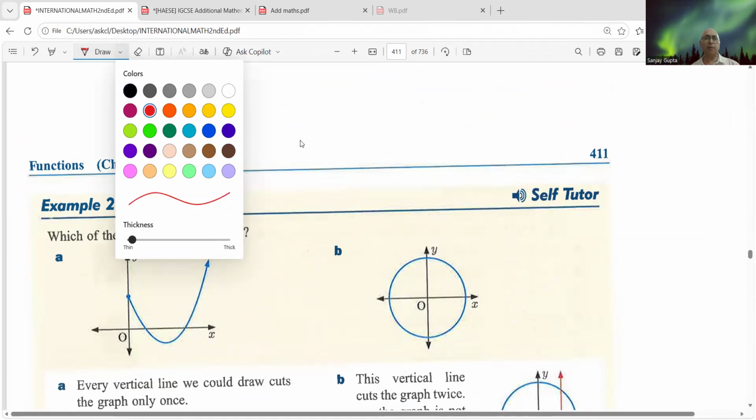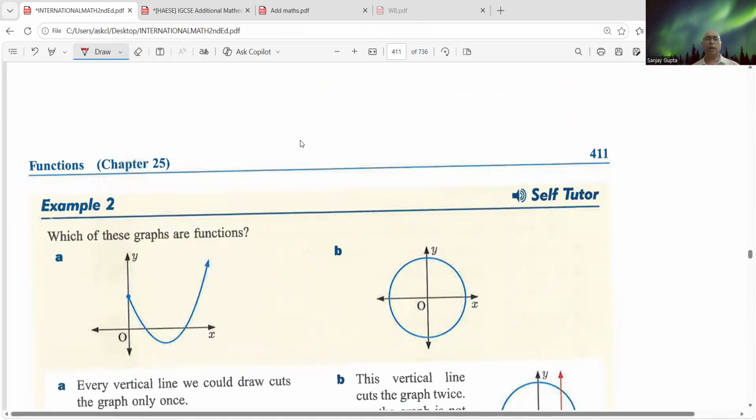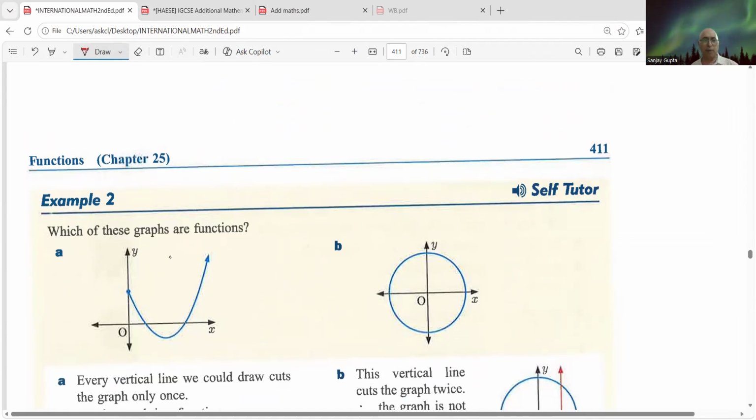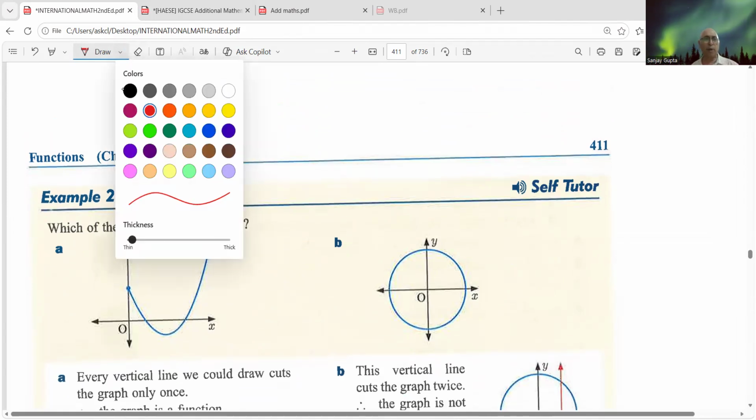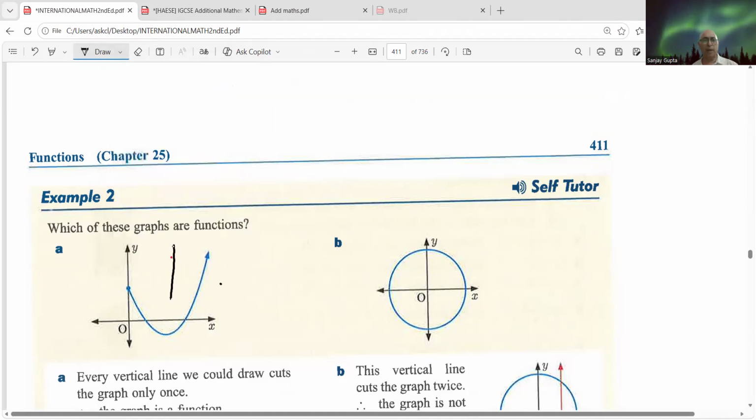The definition is that for the same x, we should not have two different y values. So if I have to look at this graph, what is the meaning of having the same x value? Would it mean that I will have to draw a horizontal line or a vertical line? A vertical line is a line on which x is fixed. Let's say this is 3, x is equal to 3 here.